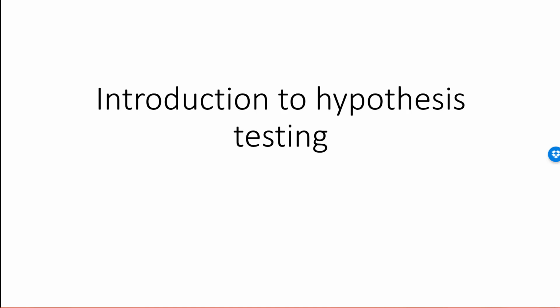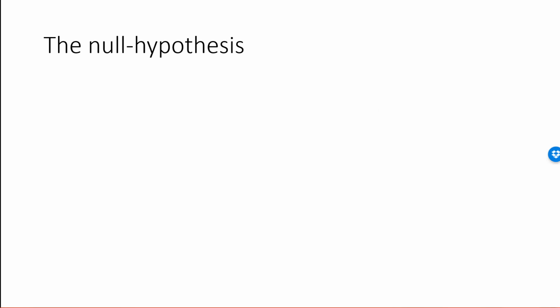The first thing is the actual hypothesis that we set up. And this hypothesis is typically called the null hypothesis. That's the hypothesis that we try to reject using our data, and we might be successful or we might fail in that.